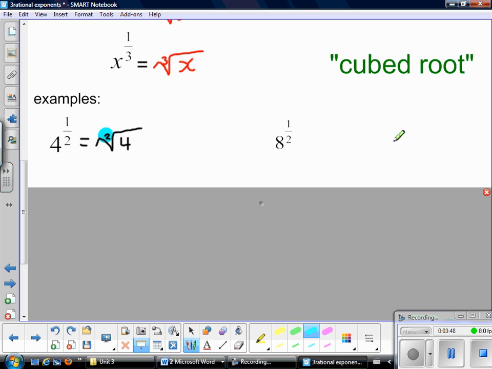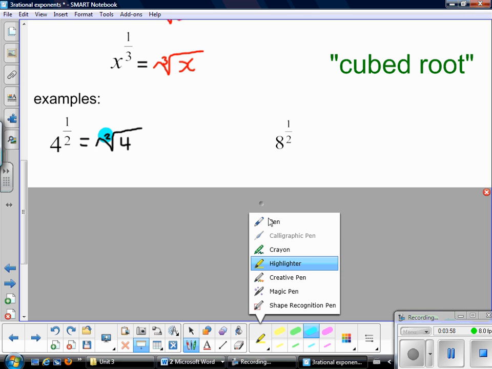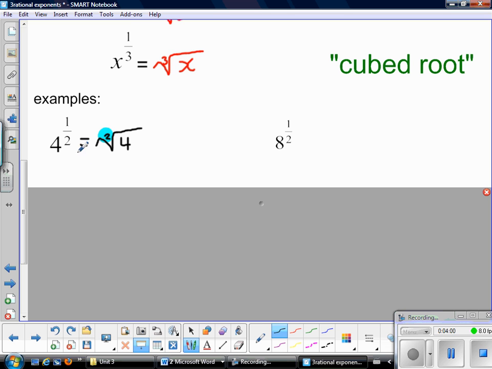Okay, so it's something like when we simplified radicals, and we did that in one of our previous units. So what's happening here is you know that 4 is the same as 2 times 2.